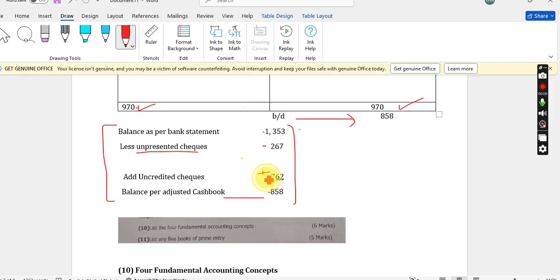You get negative 858, which correlates with this credit balance here. Then if you started with the balance from the cash book, you are supposed to come back and end at this figure here.